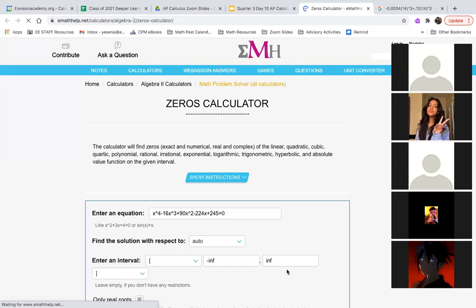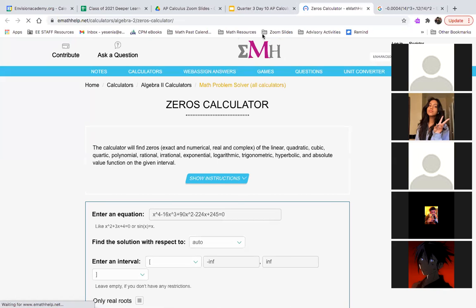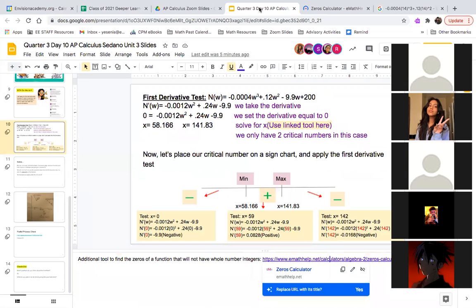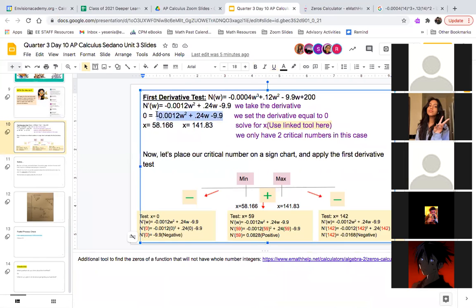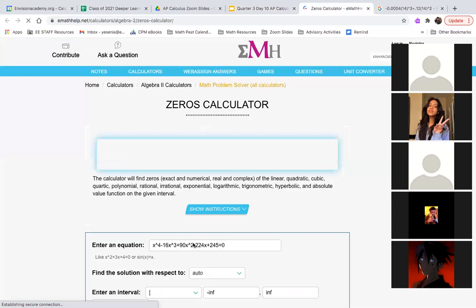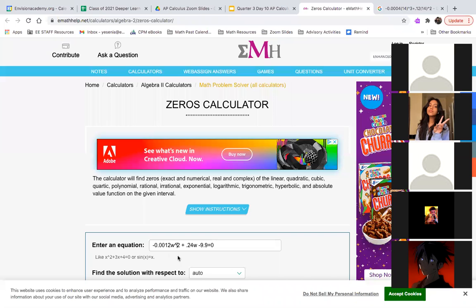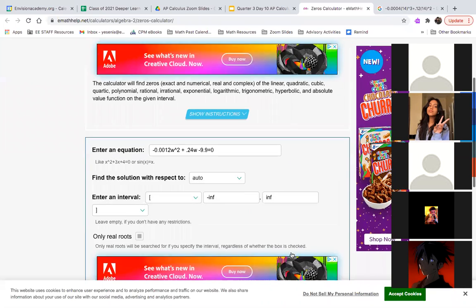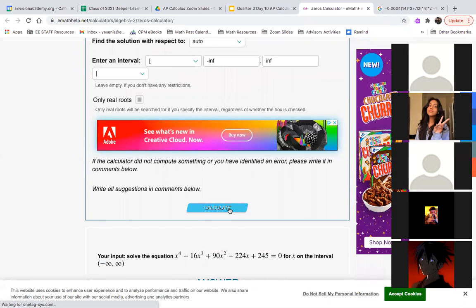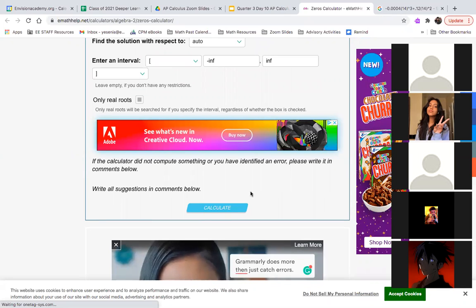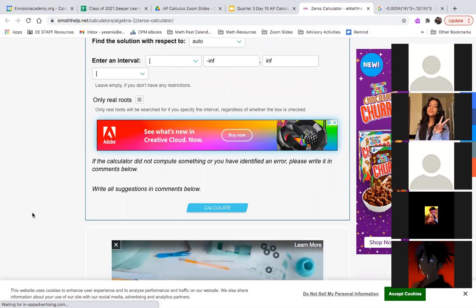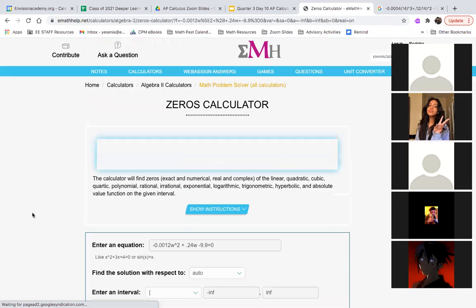The formal way would be using the quadratic formula, but I didn't want to waste 20 minutes talking about how to do that. Basically, I took this function, copied it, and put it into this calculator, making sure it's equal to 0, because we're trying to figure out when the derivative is equal to 0. We hit calculate and it finds the zeros for you. Again, you could use the quadratic formula if you wanted to do this by hand.